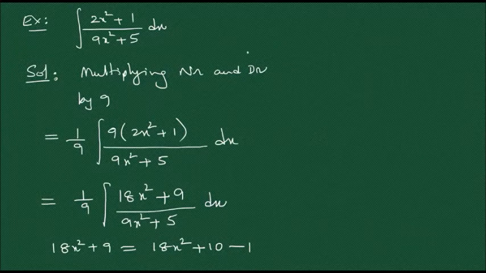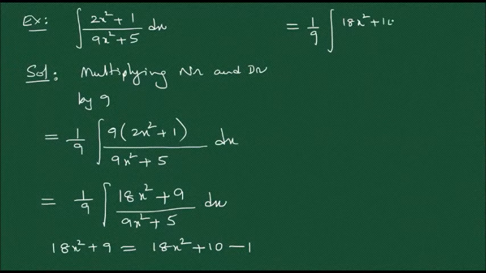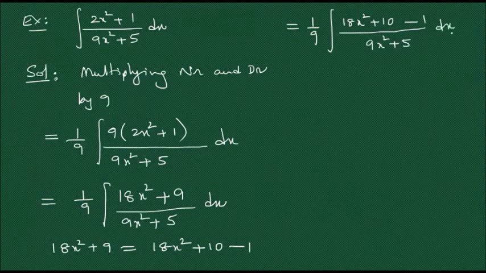So now this is equal to 1 by 9 times integration of 18x square plus 10 minus 1 by 9x square plus 5 dx.